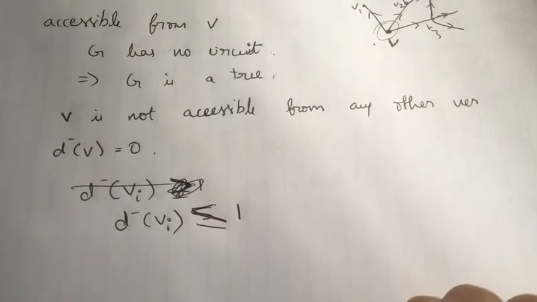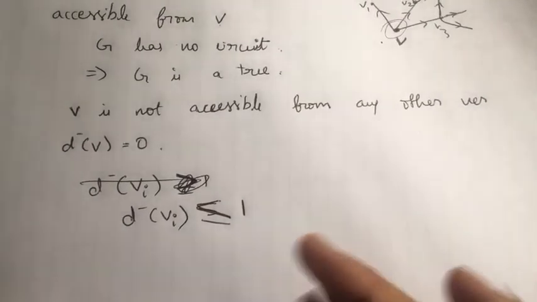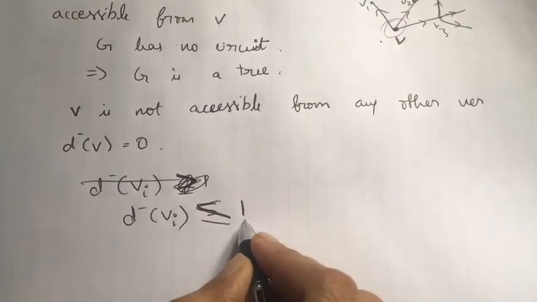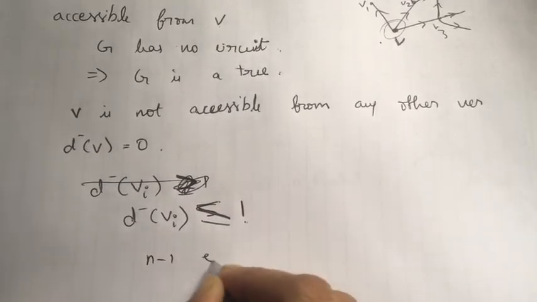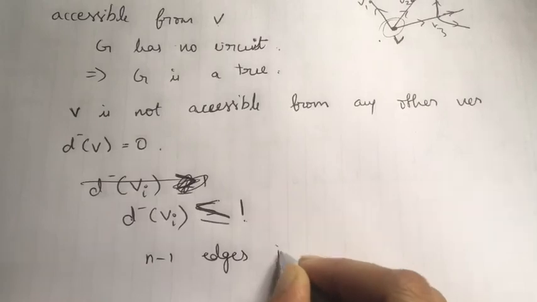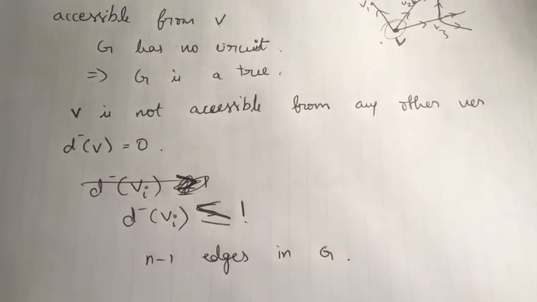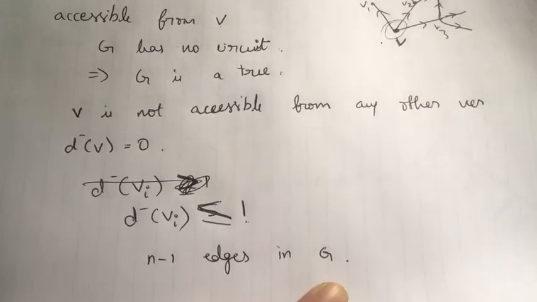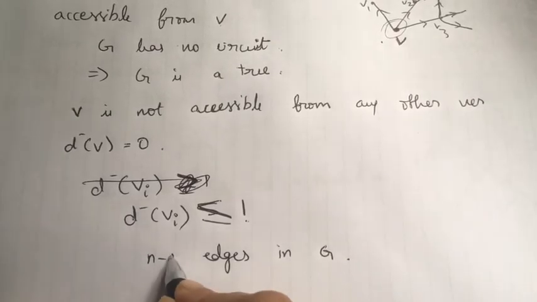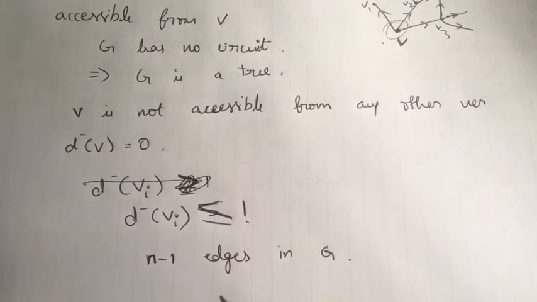In degree cannot be greater than 1 because there are exactly n minus 1 edges in G, n being the number of vertices. Therefore, it has got n minus 1 edges.